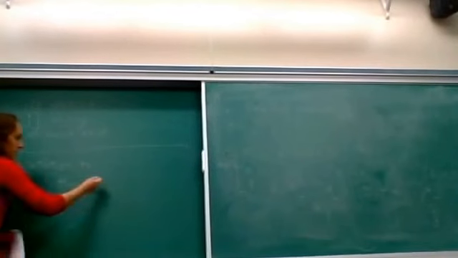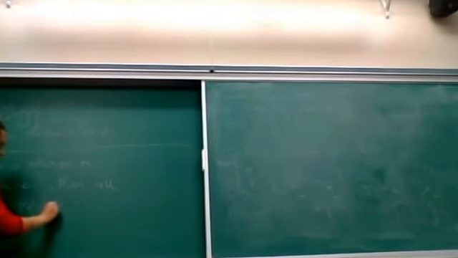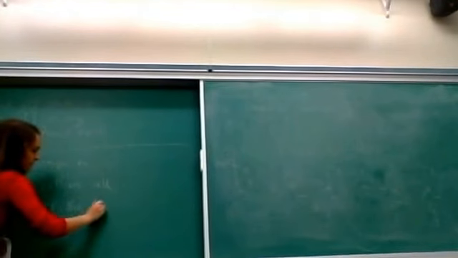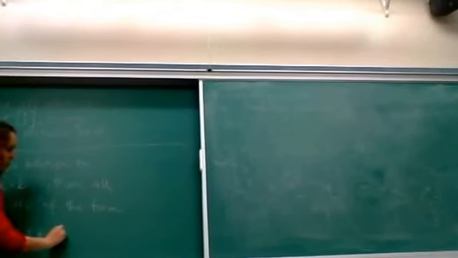If x0 is a solution to A x0 = b, then all solutions are of the form: we take x0 and then add elements from the null space.